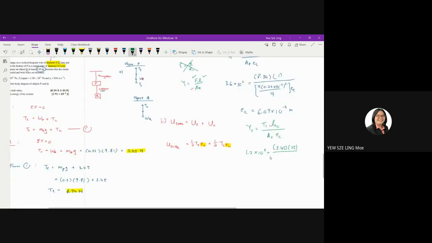So I have pi d squared, given diameter 0.5 times 10 to the power of negative 3, divided by 4, and then times e_C. Rearrange the equation, e_C is equal to 2.18 times 10 to the power of negative 4 meter.